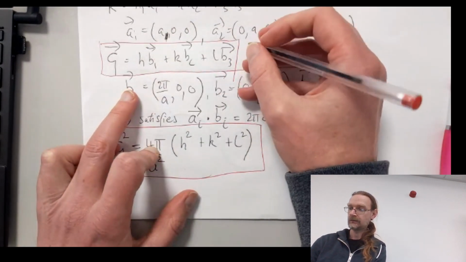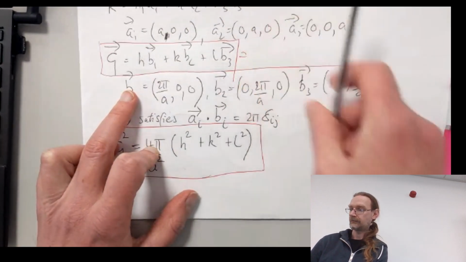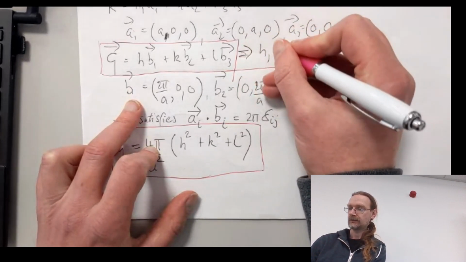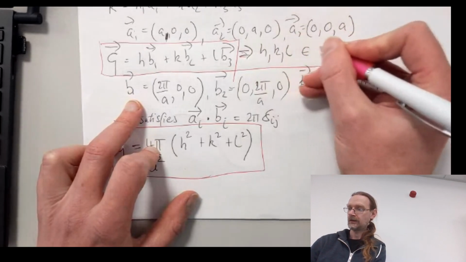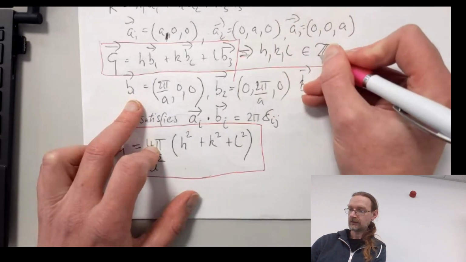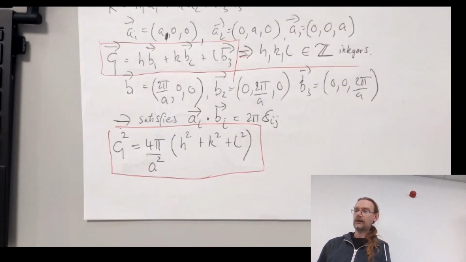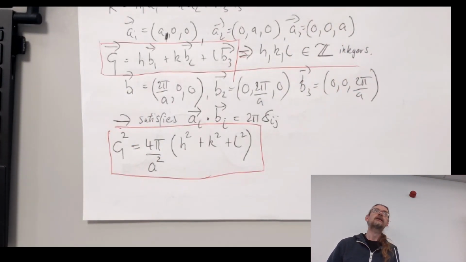So where h, k, l are integers. So that's my reciprocal lattice. The real space lattice is integer numbers of the real space vectors.